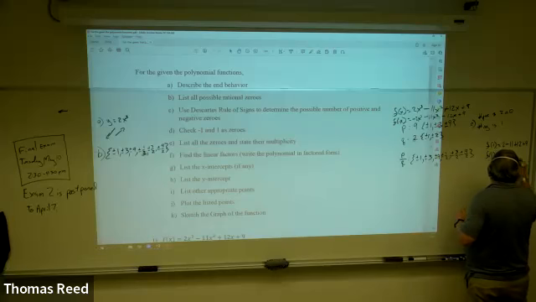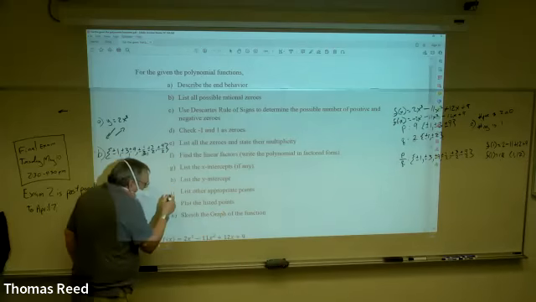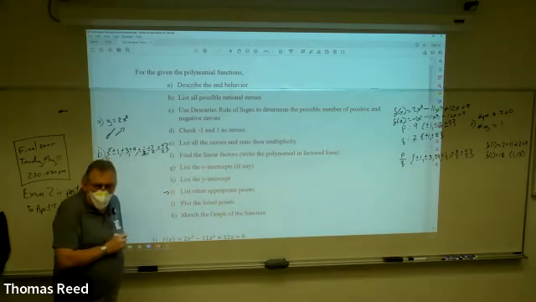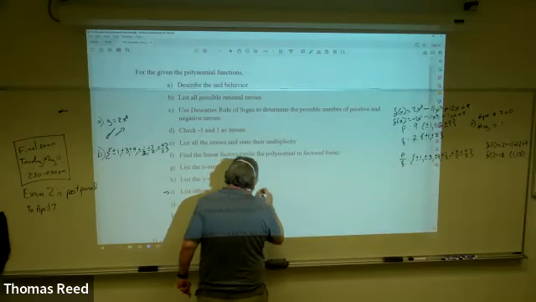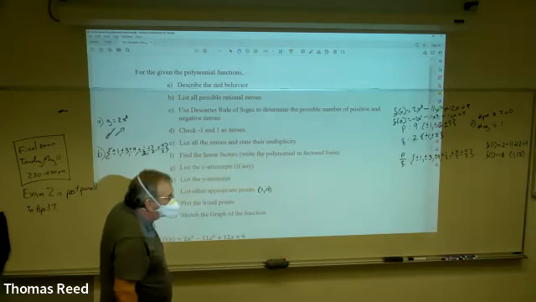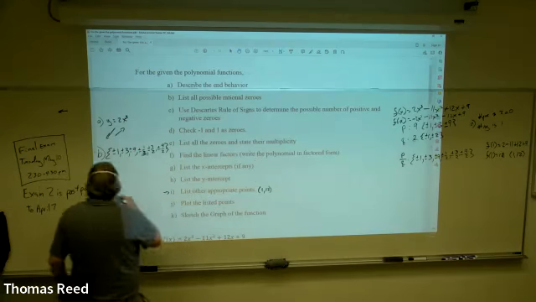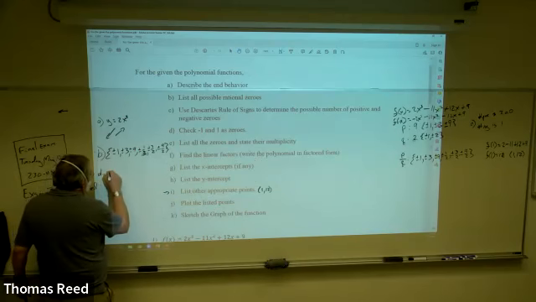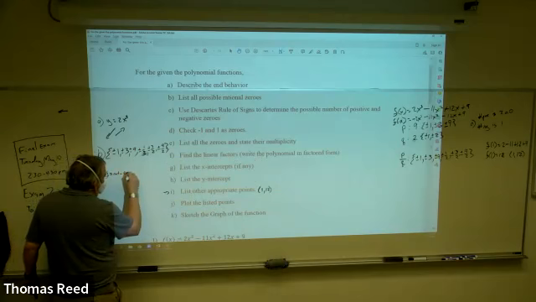So that's the point (1, 12), which is here, because I'm going to need to list other points. So 1 is not a zero. So right away on letter B, I can say 1 is not a zero.